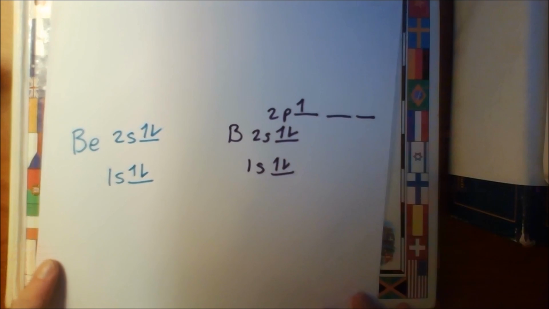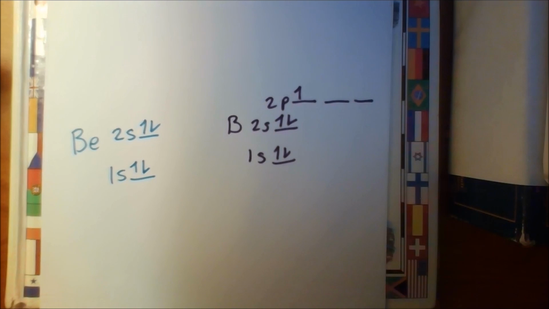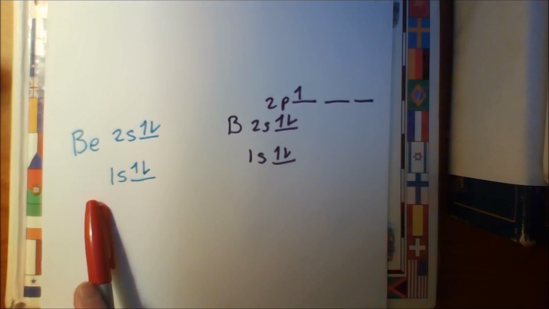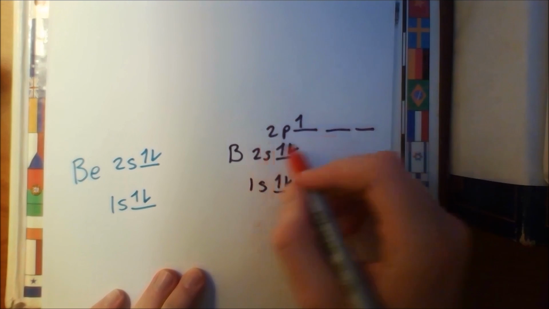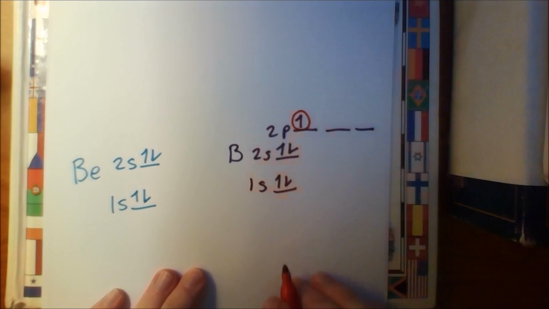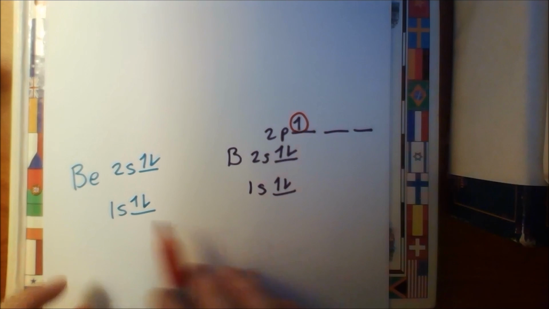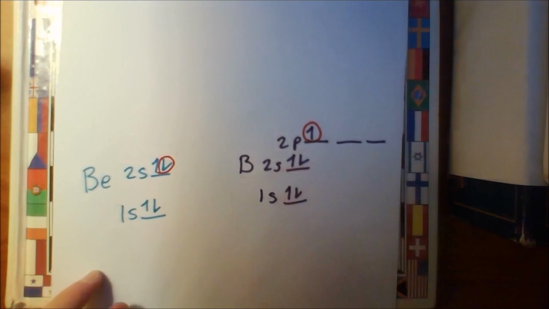Now, if we remember from chapter 6 how energy levels work for electrons, it becomes pretty clear why the ionization energy of beryllium will be greater than boron. The outermost electron in boron is in a 2p orbital, whereas the outermost electron for beryllium is paired in a 2s orbital.